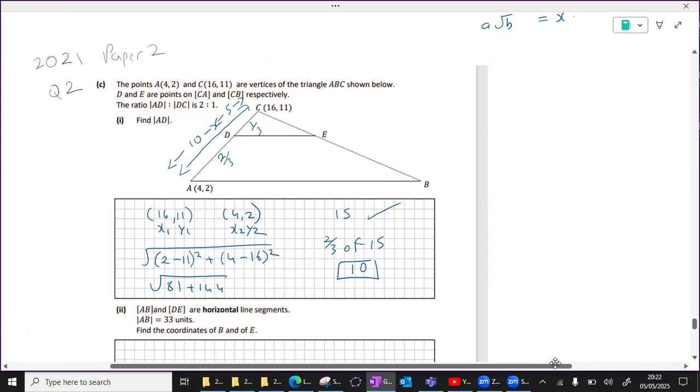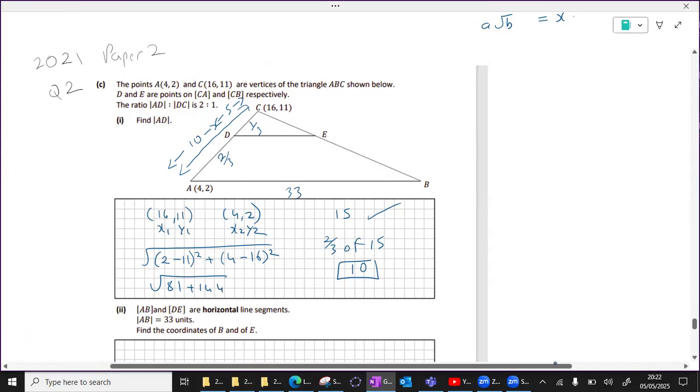Okay, then it says AB and DE are horizontal line segments. The length from A to B is 33.